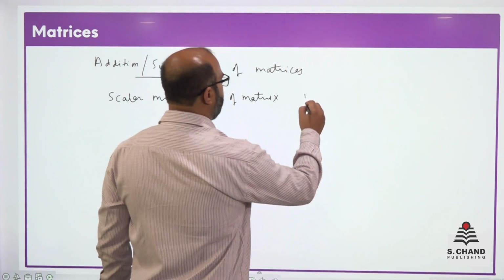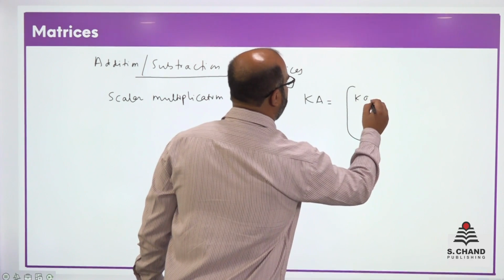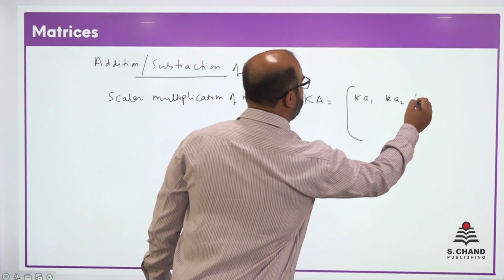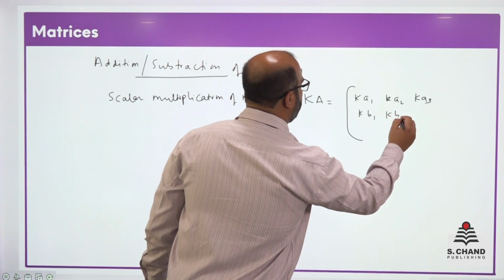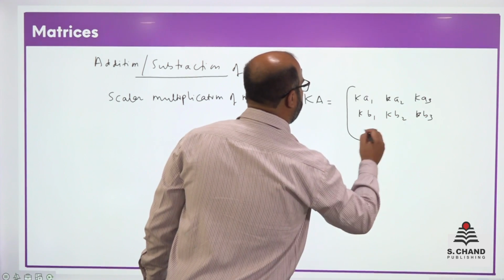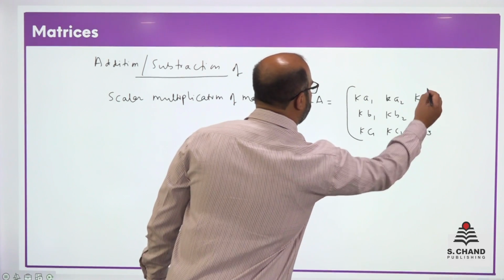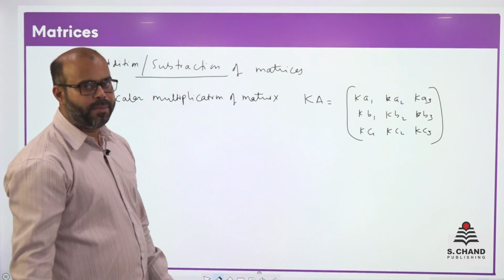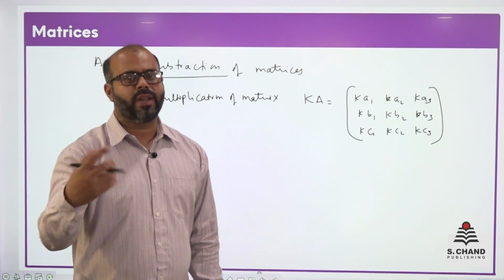So kA is actually ka1, ka2, ka3, kb1, kb2, kb3, kc1, kc2, kc3. So this k is getting multiplied to all the elements. In the case of a determinant, the k was getting multiplied to any one row or any one column.